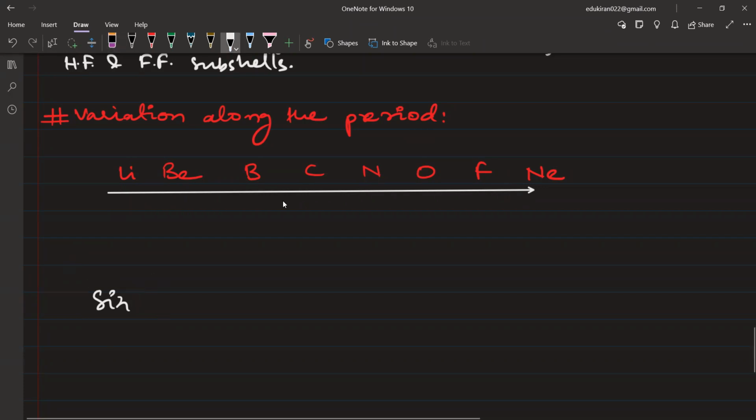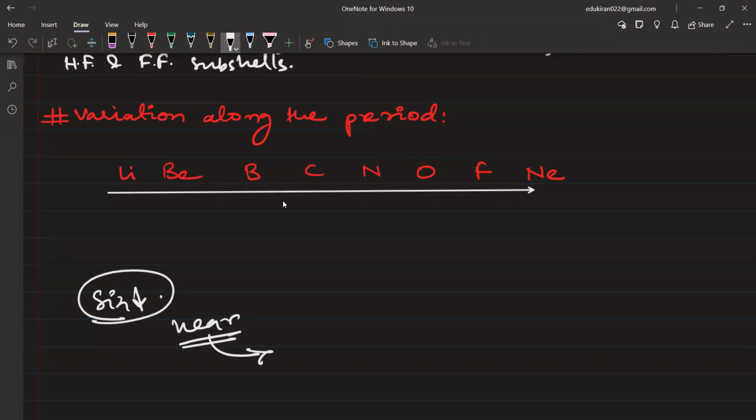If the size is decreasing, then will the electron be nearer or further away? Near. If it is near, then will it be difficult or easy to remove the electron? Difficult. If it is difficult, will ionization enthalpy increase or decrease?